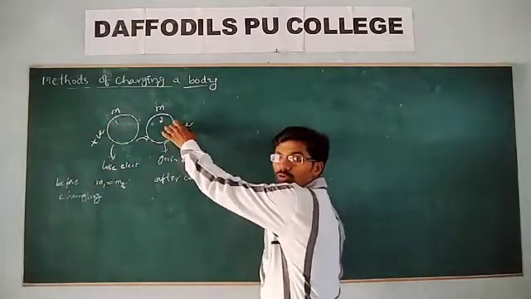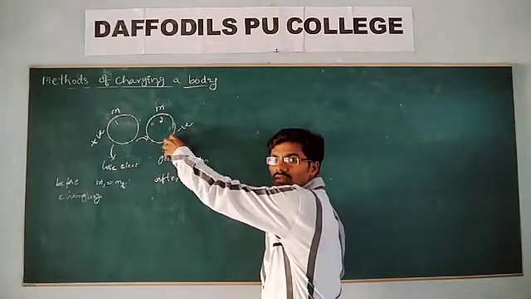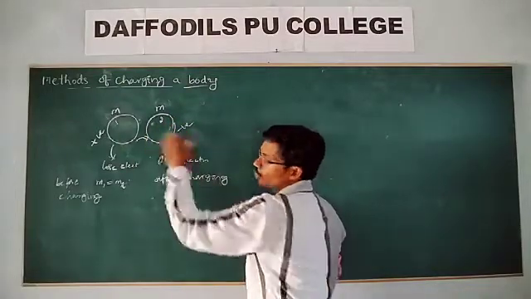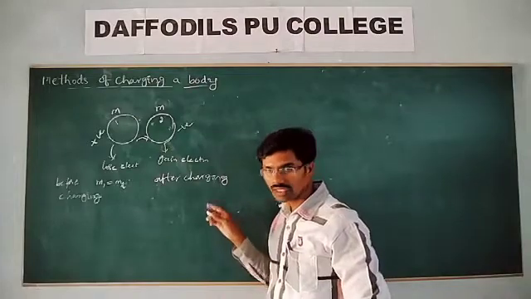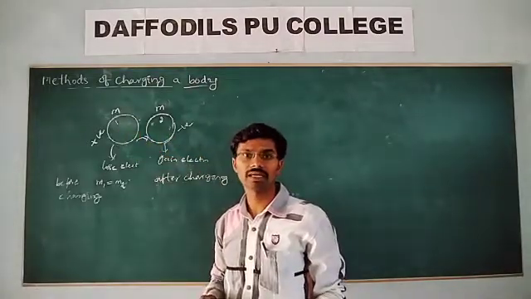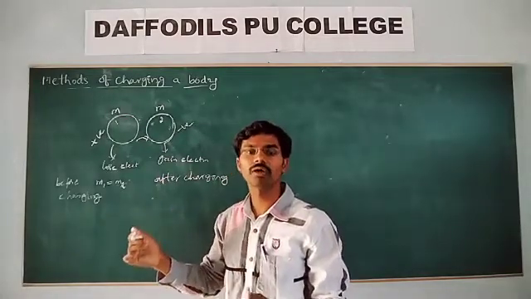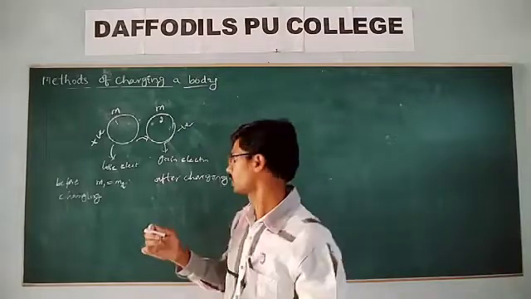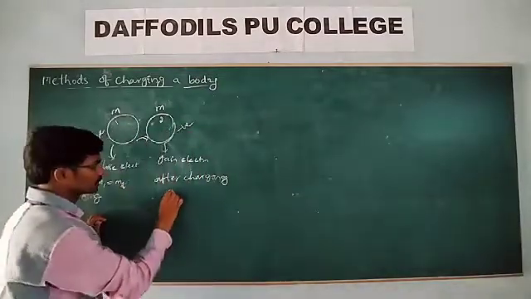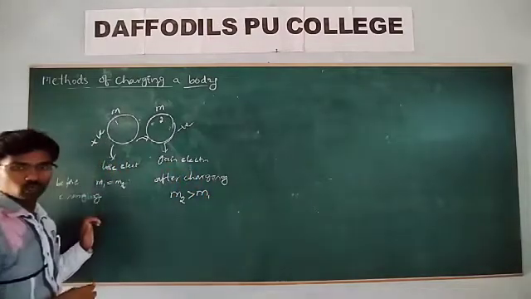When the number of electrons is more, the mass of the electrons also has to be included. So which would have more mass in this case? The second body will have more mass than the first body because the number of electrons has increased in the second body compared to the first body. Therefore, after charging, the mass of the second body is greater than the mass of the first body.